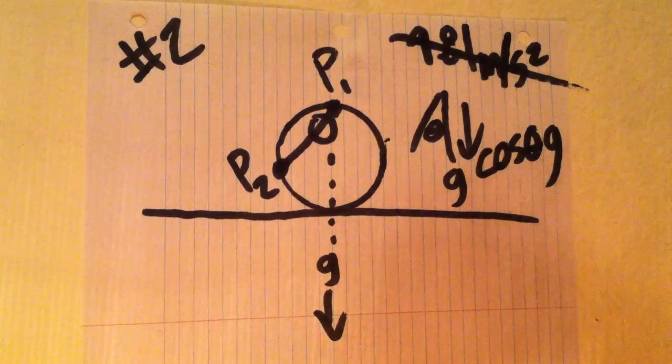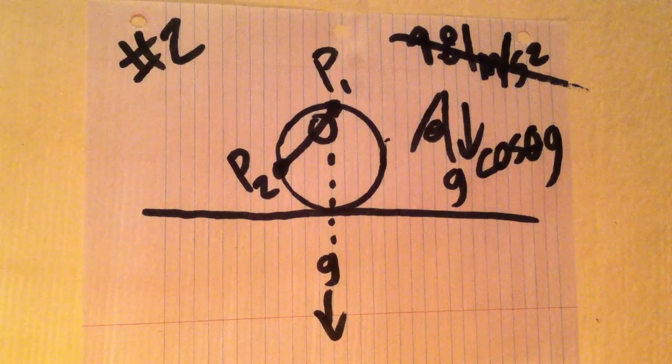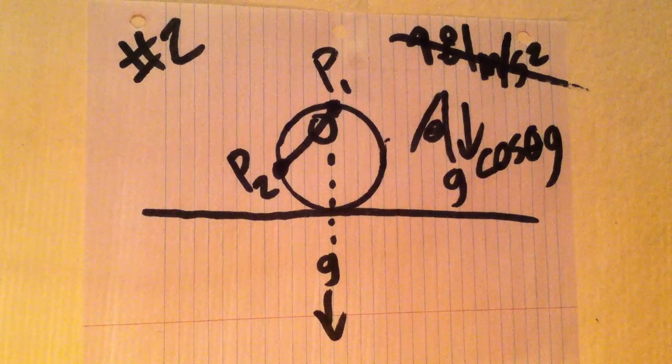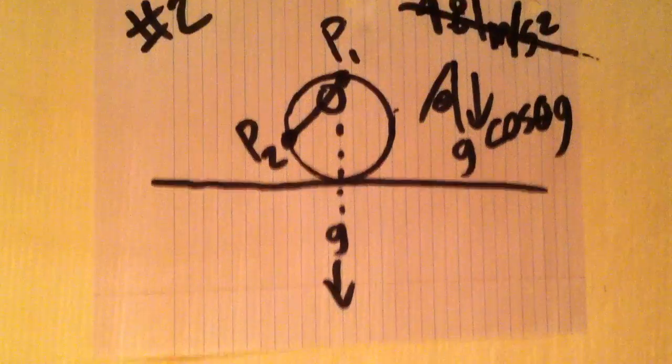And so the acceleration of the bead is cosine theta g.